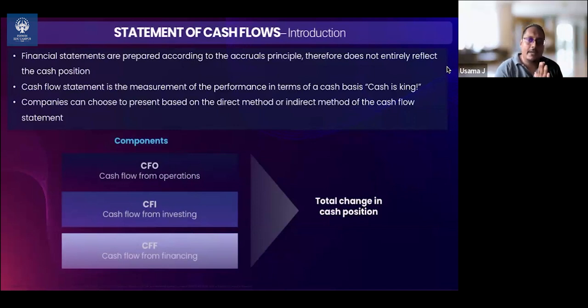We know how the cash flow statement is different, or you should know by now. We have accruals for the income statement, but the cash flow statement is prepared on the basis of cash. Is this cash applicable for the next year, or did we collect some receivables from the previous year? Not relevant. Did we receive the cash in this accounting period?